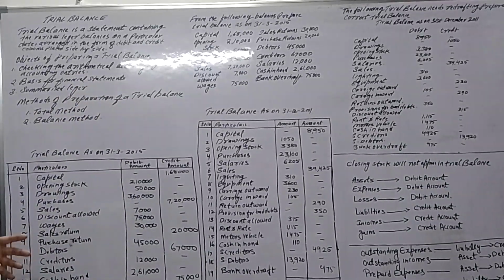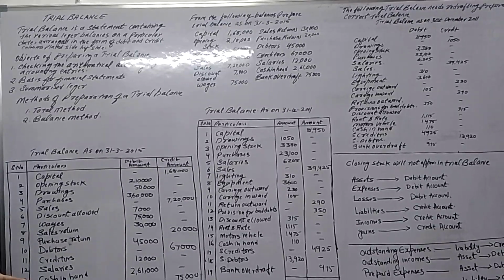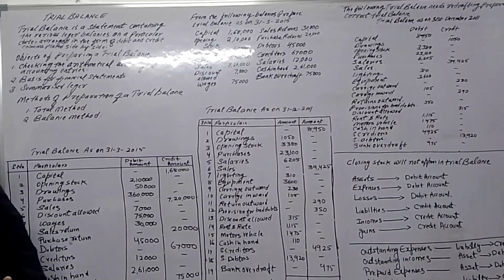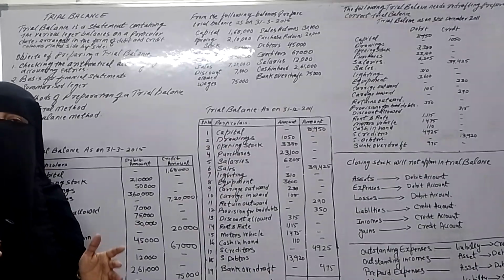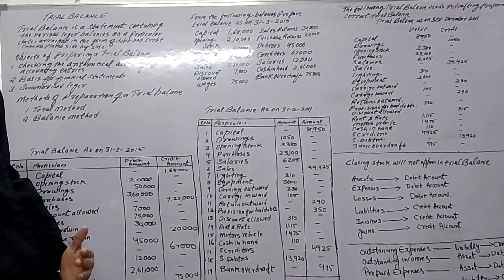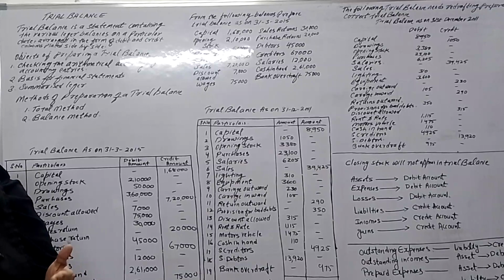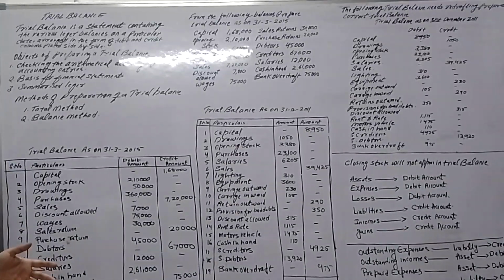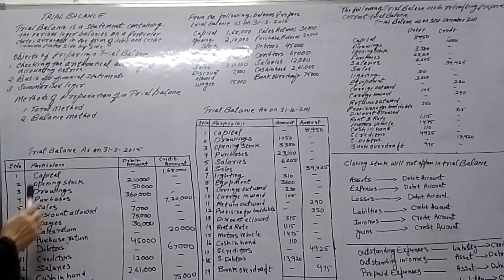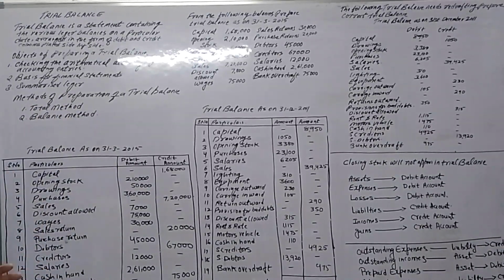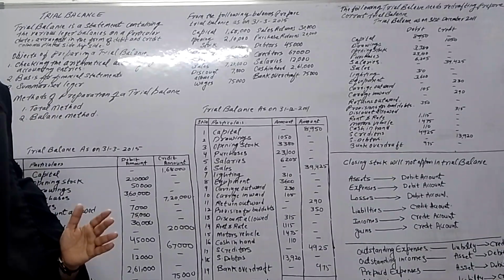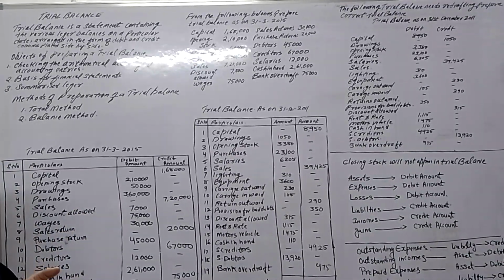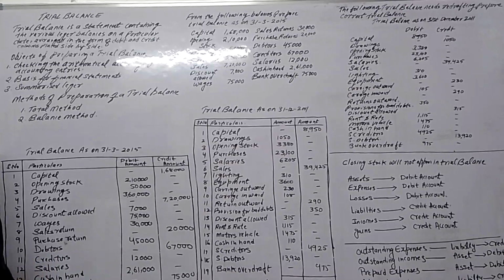And the second objective is basis for financial statements. Before preparing the financial statements, we prepare the trial balance. And the third objective is summarized ledger. In trial balance, we separately mention the debit balances as well as credit ledger balances. So these are the objects of preparing the trial balance.